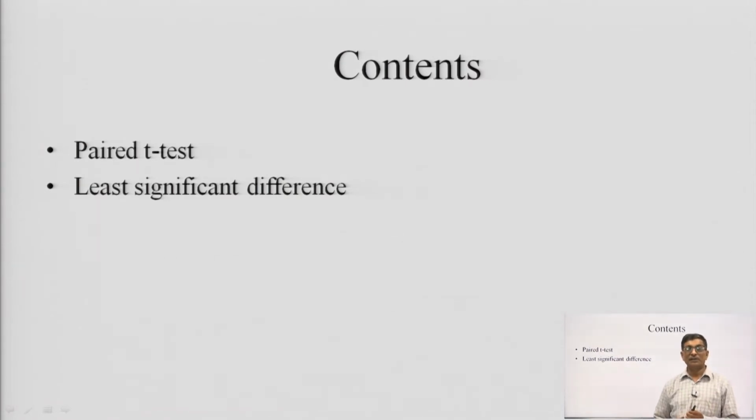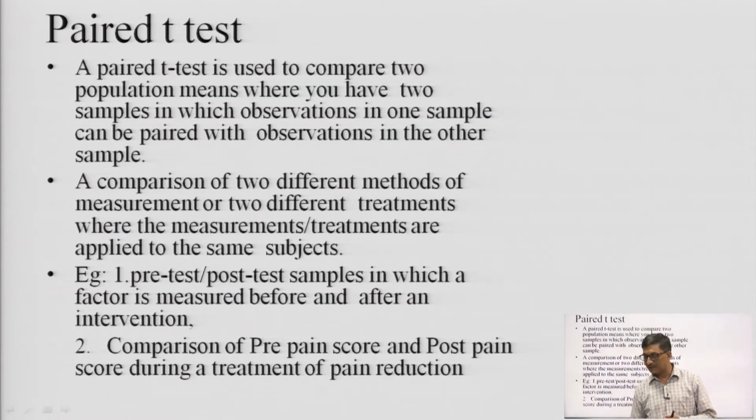The first is the paired t test. A paired t test is used to compare two population means where you have two samples in which an observation in one sample can be paired with an observation in the other sample.